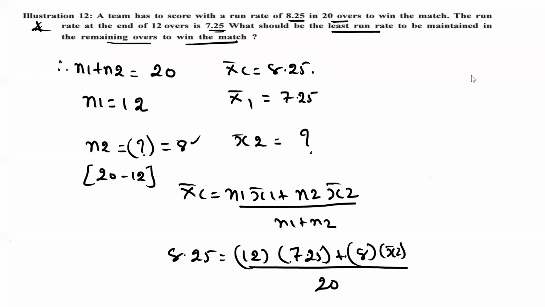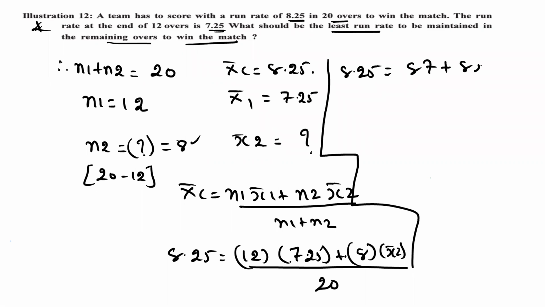Now, how to do this? 12 multiplied by 7.25. So 8.25 is equal to 12 into 7.25, what is the answer? 87.